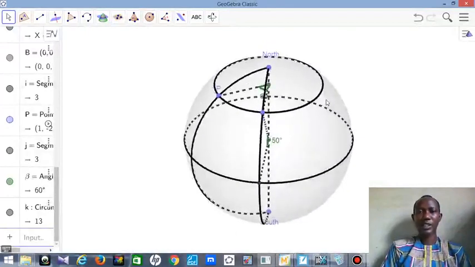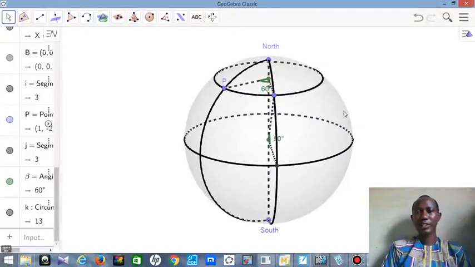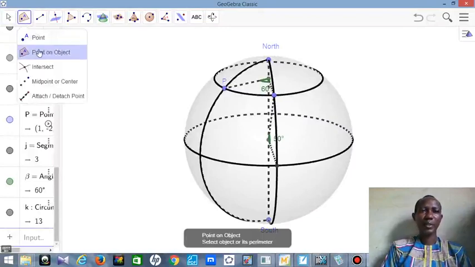You can see this is our reference line. East is on this side, west is on this side. So from here it moved due west, but the angle is not given.